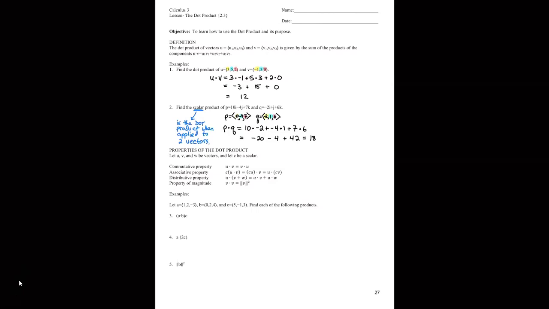The dot product of a vector with itself is the same as the magnitude squared. Instead of finding the magnitude, which would be the sum of the squares of the components under a radical, and then squaring that result, which just amounts to knocking off the radical, you could find the dot product of a vector and itself.